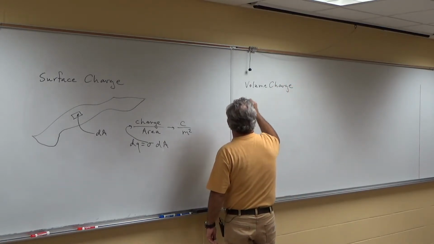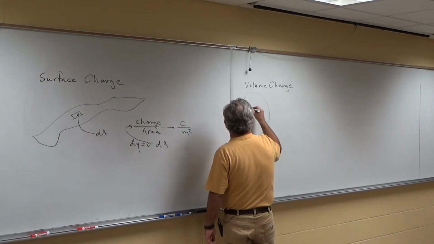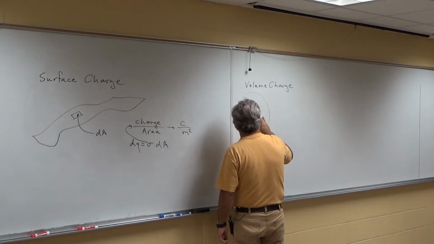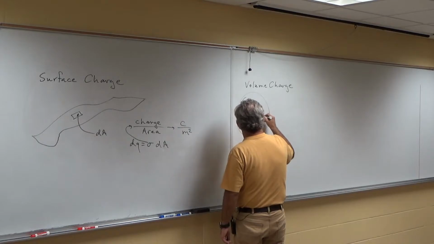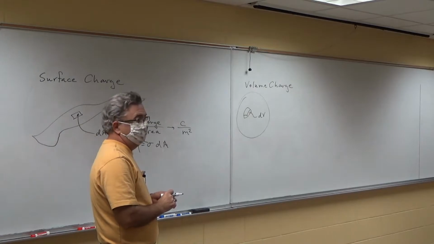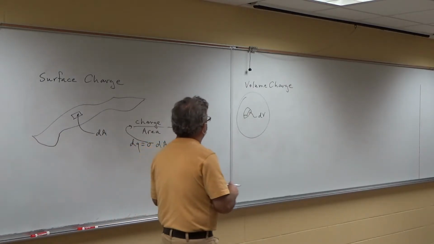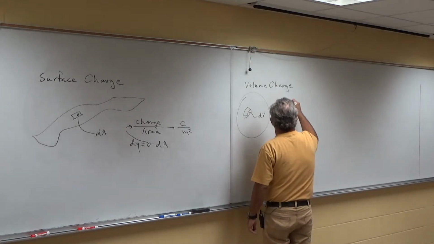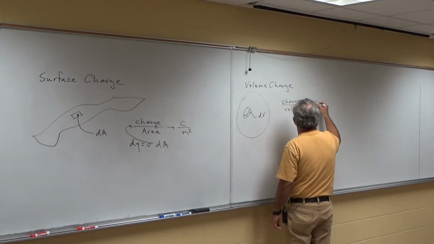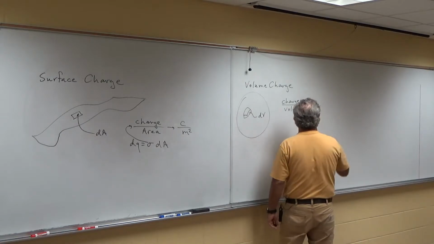For a volume charge, you have some volume, some little volume element, dV. Some little bit of volume, like those little cubes. Volume charge is the charge per unit volume, and that is coulombs per cubic meter.